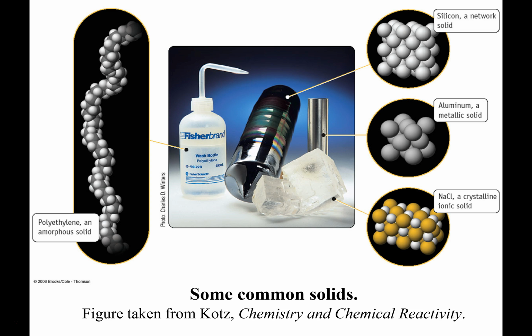So here we have, these would be crystalline solids, and we have different types of crystalline solids. Okay, so it can be molecular, ionic, network, or metallic. Here is silicon. This is aluminum, and this is salt.